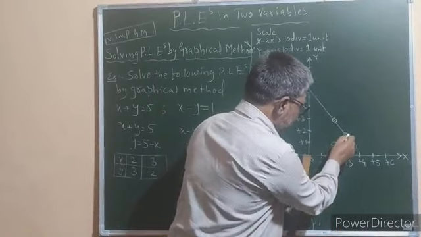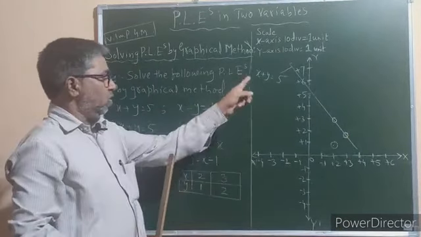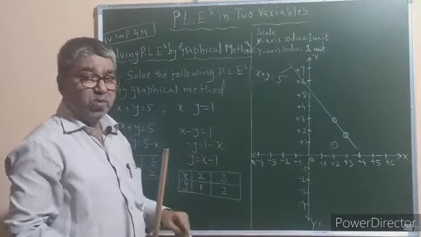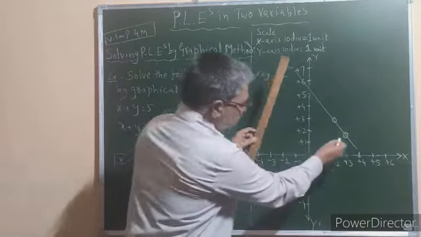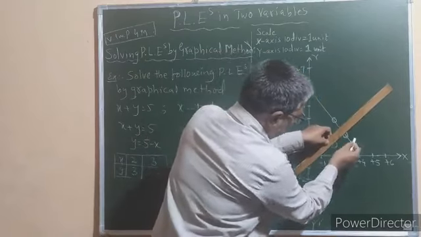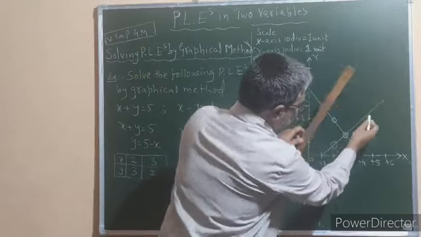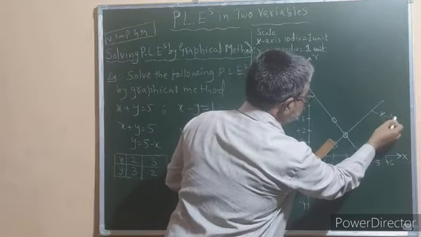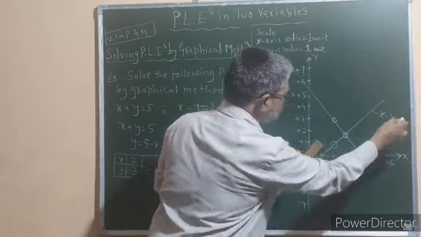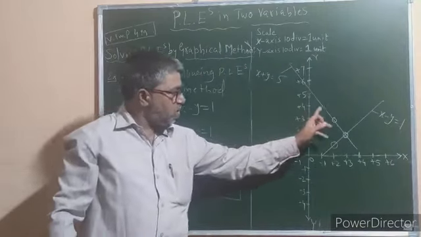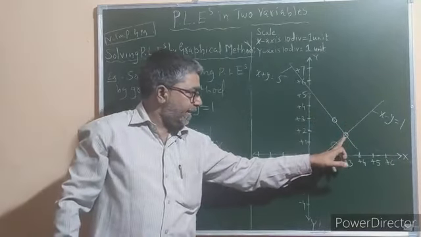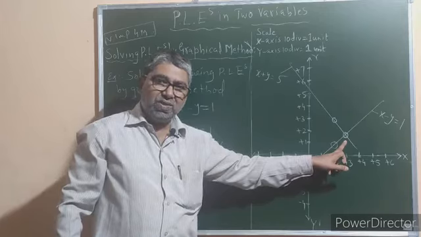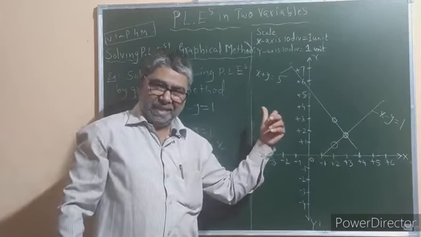This is the point we already have on the first linear graph of the equation x plus y is equal to 5. Now these are the 2 points. Draw a line passing through, okay. Now this is the linear graph for the second equation x minus y is equal to 1. Now these 2 lines are intersecting at one point, as we saw in the previous example.